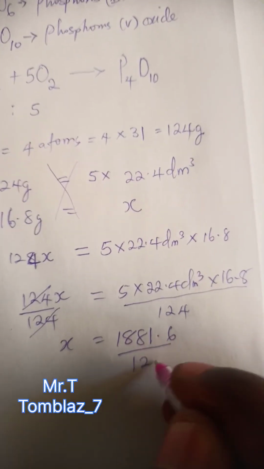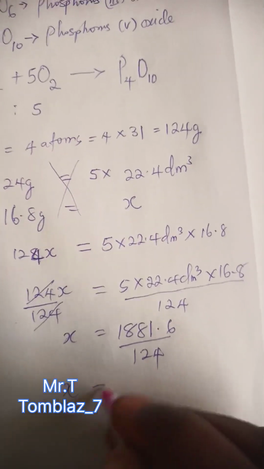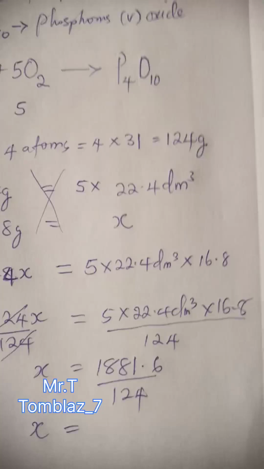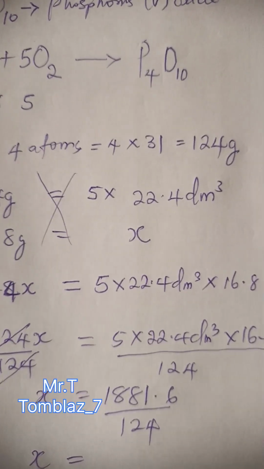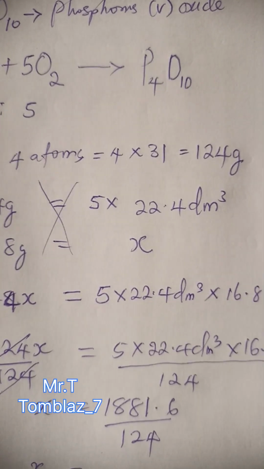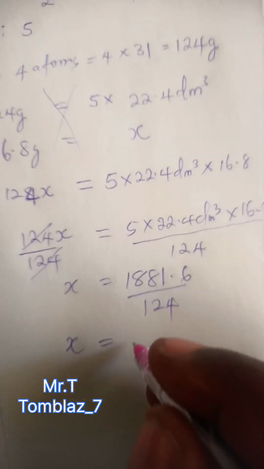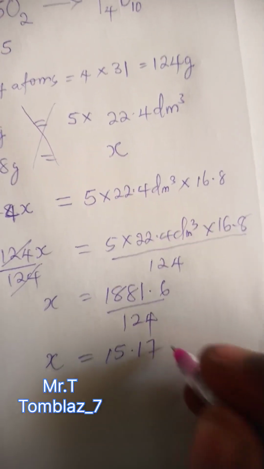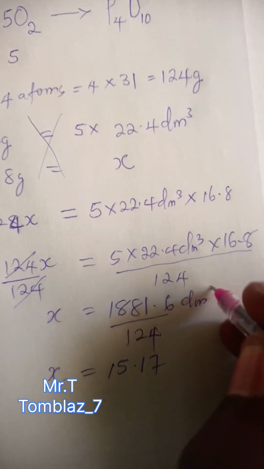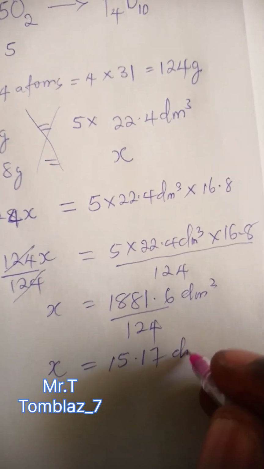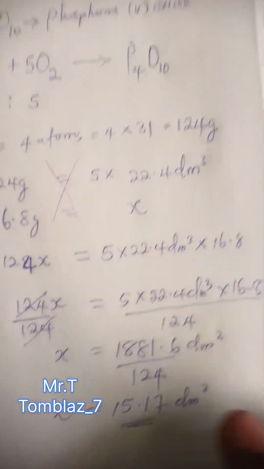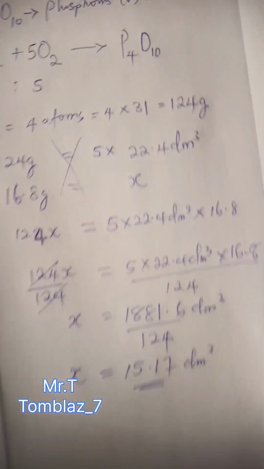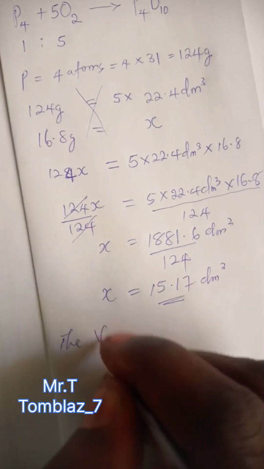Now divided by 124, so x will be equal to 15.17. Remember, there is dm cube here, so 15.17 dm cube.